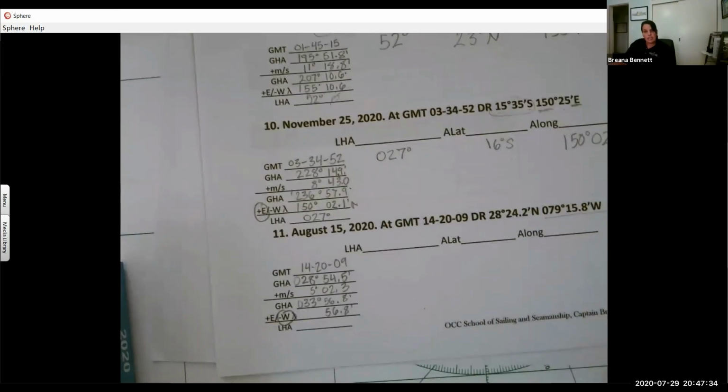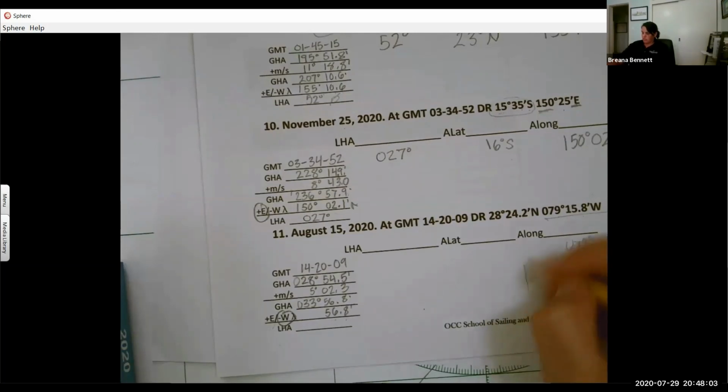And now I need to decide what that is closest to. So I have 079, 15.8 is my DR. So if I'm ending in 56.8, here's 79 degrees west, 78 degrees west, 80 degrees west.